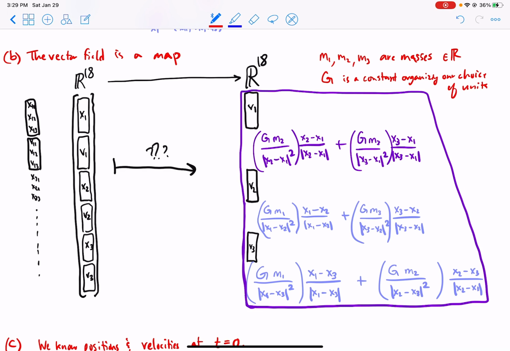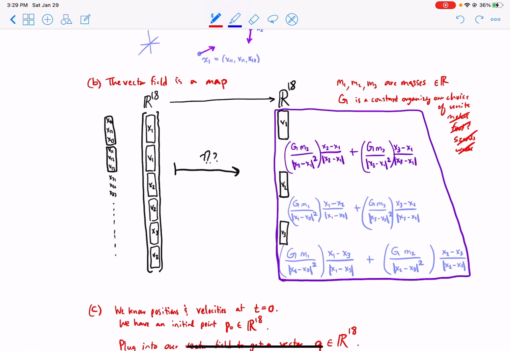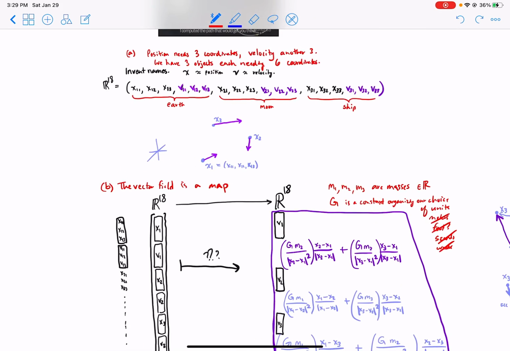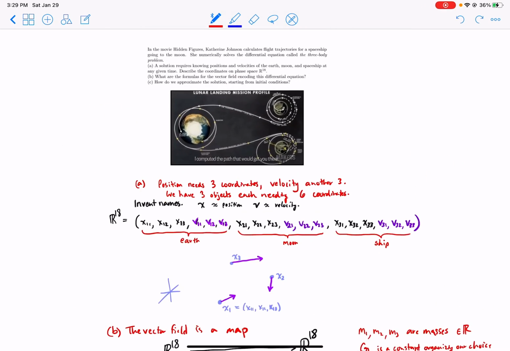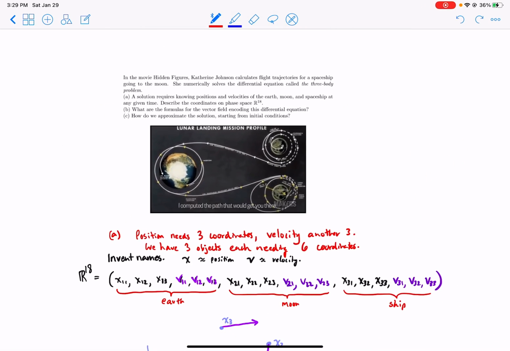Units are like, did we choose meters or did we choose feet? Did we choose seconds or did we choose weeks? All that sort of information is just lumped together into this capital G. Anyway, that's what physics people do. Very fun. We're all done.